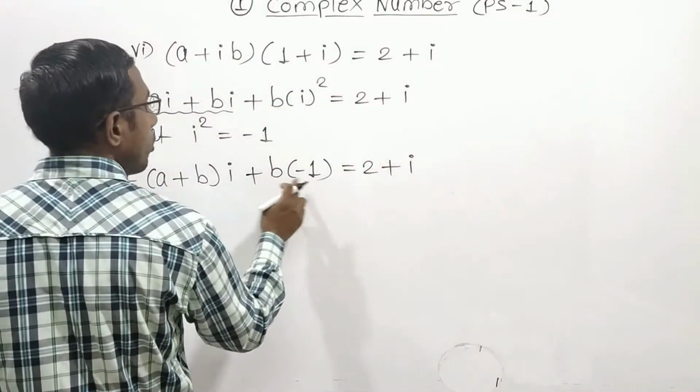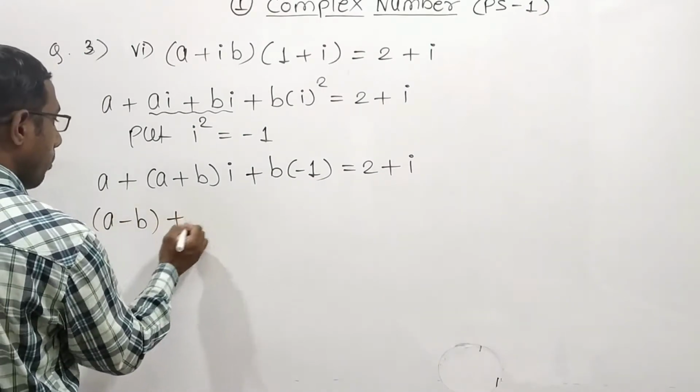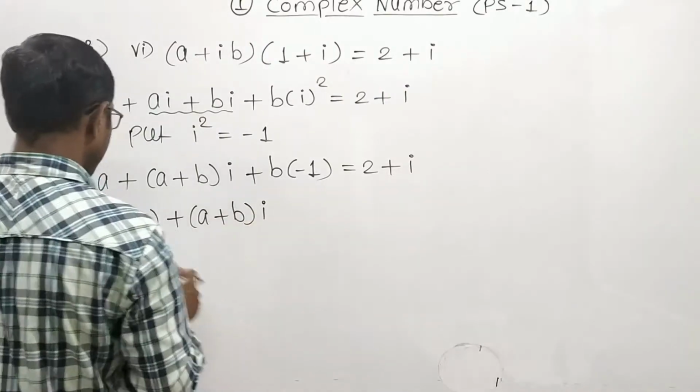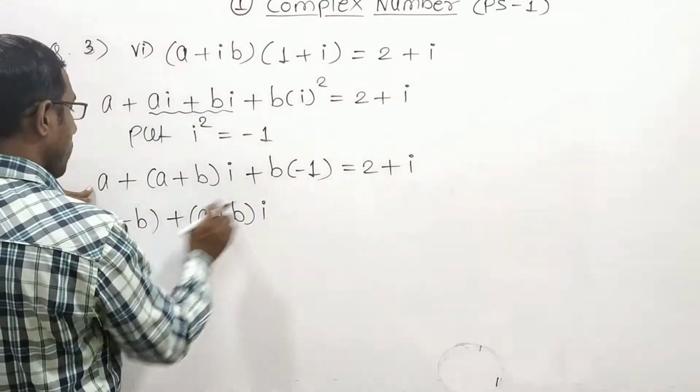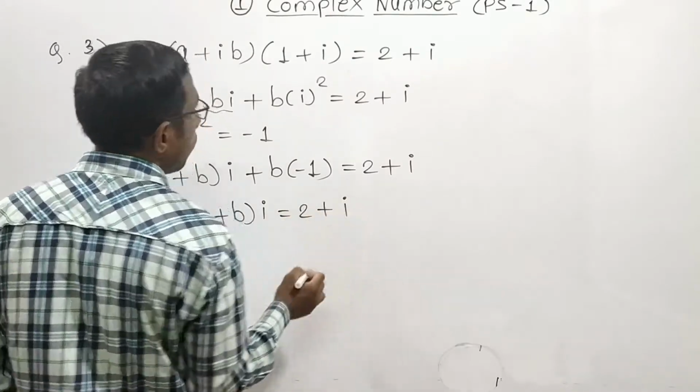Next, plus of minus minus, minus b, write like this: a minus b plus a plus b times i is equal to 2 plus i.